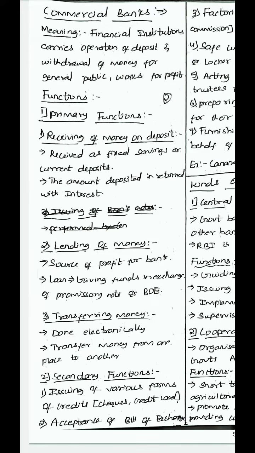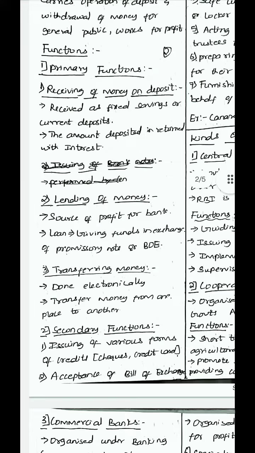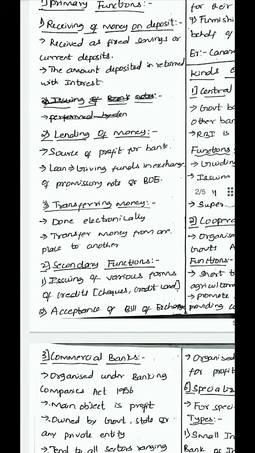So the commercial banks give loans to the borrower. Loan is nothing but funds given in exchange for a promissory note or bill of exchange. So their primary functions are taking money and giving loans. The next is transferring money or remittance, so that they transfer money from one bank to another bank. These are the primary functions.